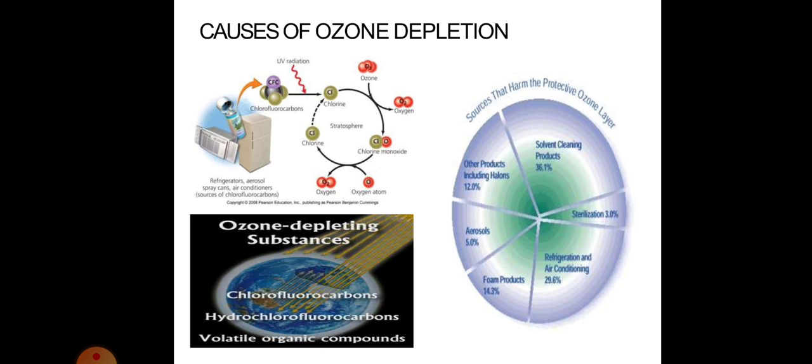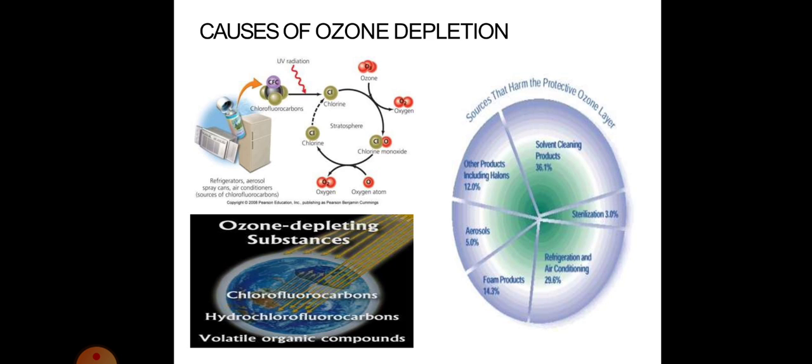Like I told you, these are released by solvents, spray aerosols, refrigerators, air conditioners, etc. The molecules of chlorofluorocarbons in the stratosphere are broken down by ultraviolet radiation and release chlorine atoms. These atoms then react with the ozone and thus destroy it.